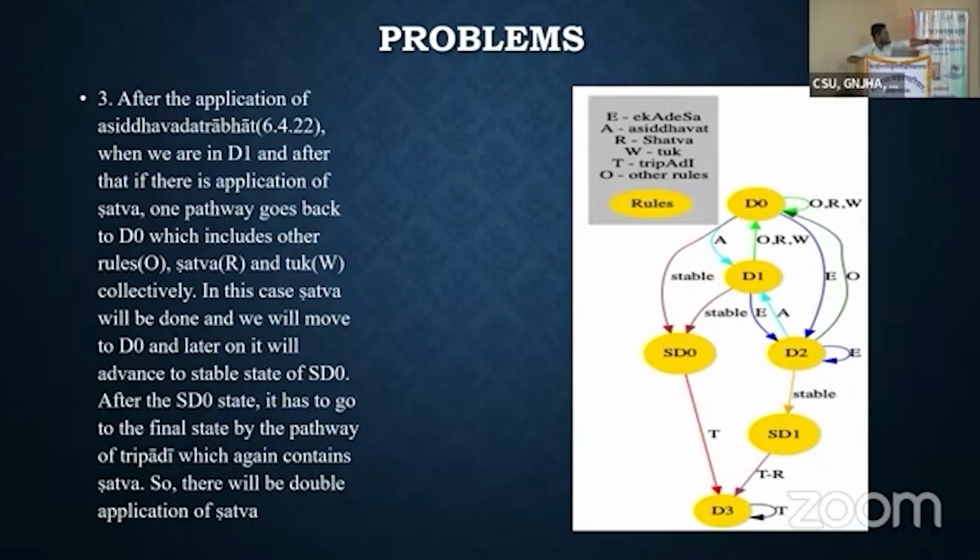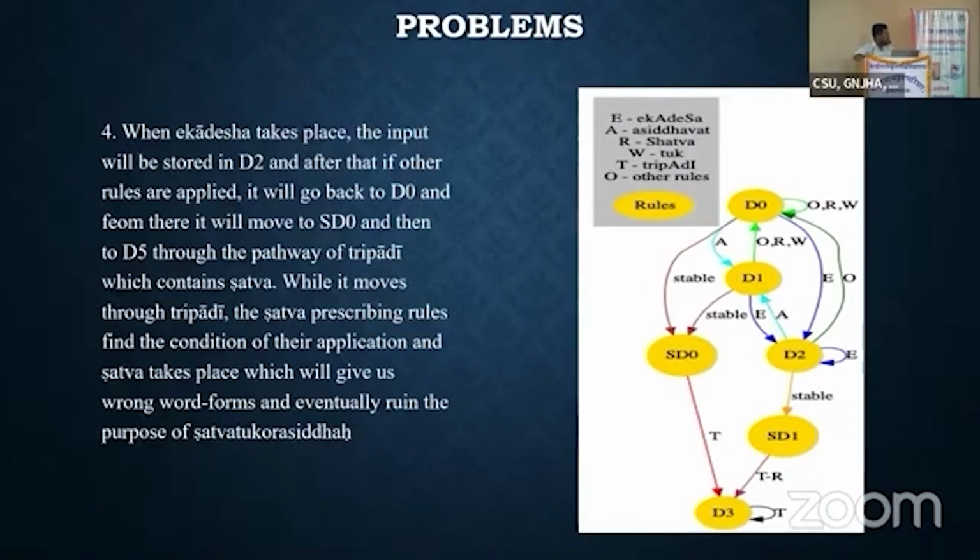After that, we come to the stable state SD0, and again we pass to D3 through the pathway of Tripadi. So the Shatva is done before, and after that in Tripadi also the Shatva is contained. So there is double application of Shatva Vidhayaka Sutrani. So that was one problem.